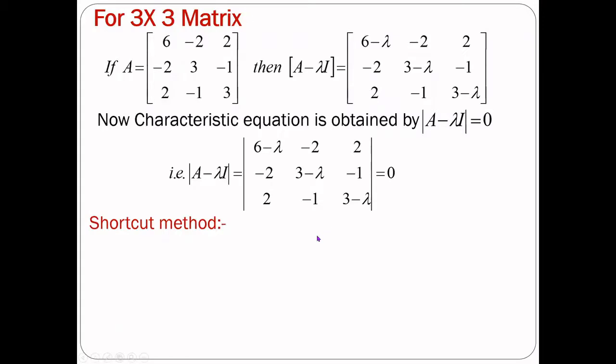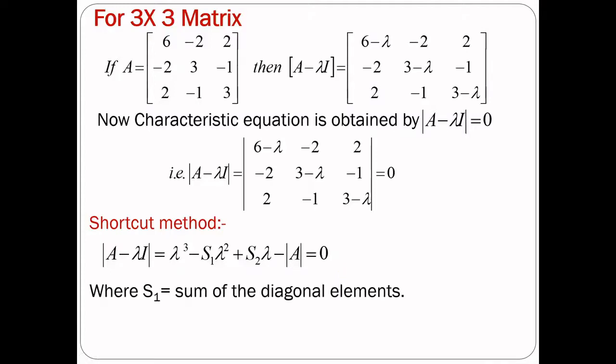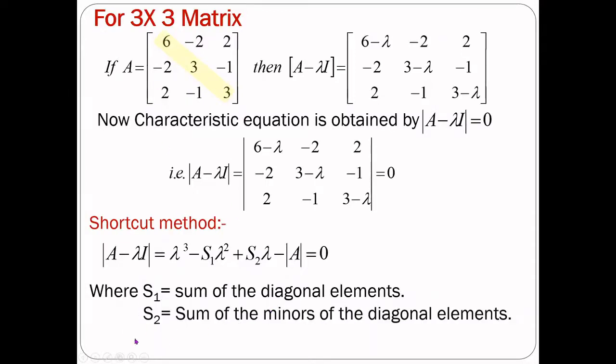So the shortcut method for a 3 cross 3 matrix is that the characteristic equation starts with lambda cube minus S1 lambda square plus S2 lambda minus determinant of A equal to 0. Here S1 is the sum of the diagonal elements, that is 6 plus 3 plus 3, and S2 is the sum of the minors of the diagonal elements.